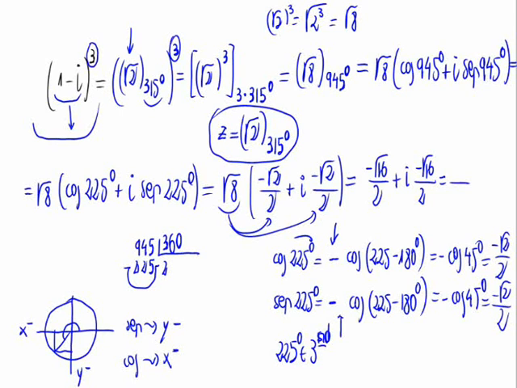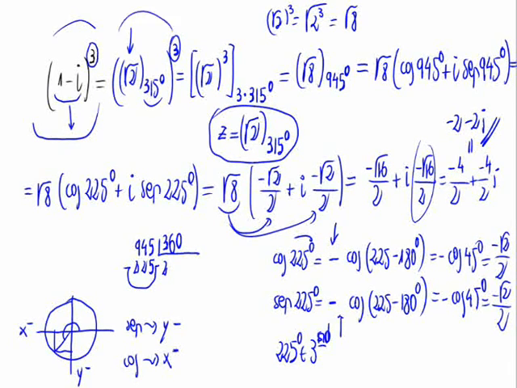As the square root of 16 is 4, this would be minus 4 divided by 2 plus minus 4 divided by 2 i. That can also be expressed as minus 2 minus 2i, and this would be the result of calculating the power of this complex number by using Moivre's formula.